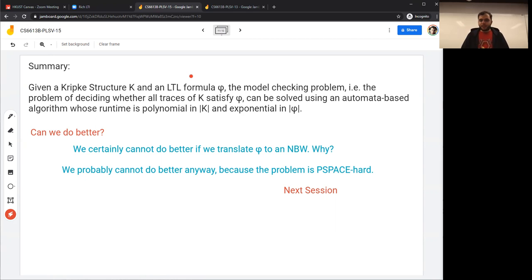This is because of the complexity of the problem. This problem is PSPACE-hard. And the complexity of LTL model checking is actually the topic of the next session. But let me just say a few words about what it means that the problem is PSPACE-hard. PSPACE is the set of all problems that can be solved using a polynomial amount of space.